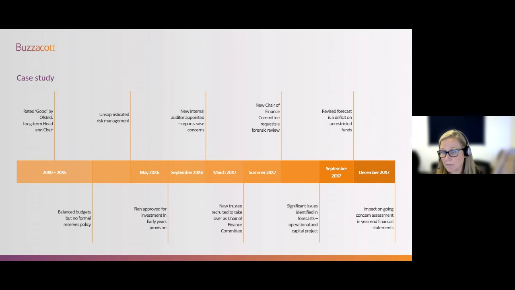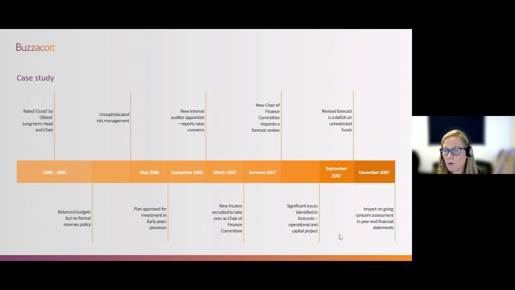It also then has an implication for the financial statements at the year end in terms of the going concern assessment and what impact that would have on the external audit of the financial statements, and also on the regularity side. This raises concerns around whether the board has been exercising adequate financial oversight. So quite a few points coming out of that review.